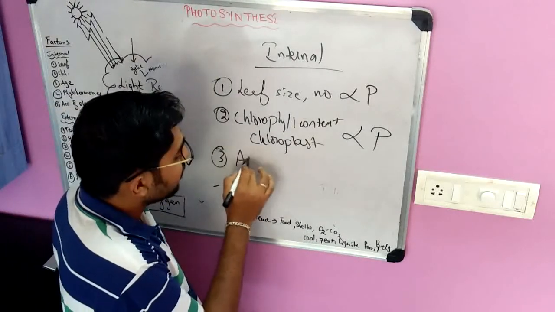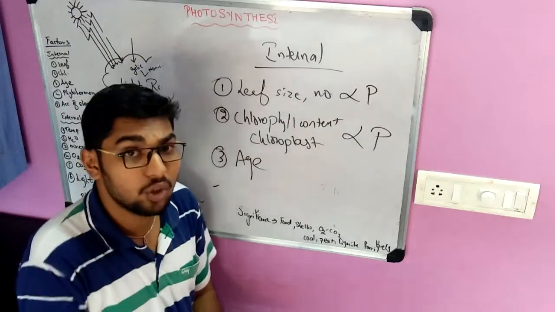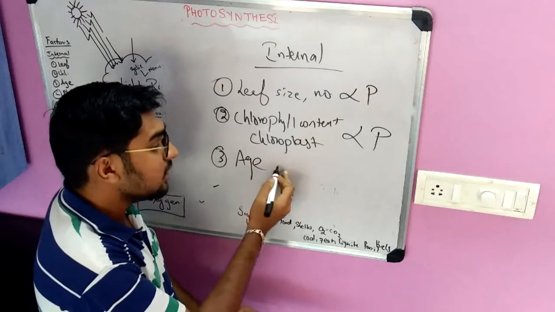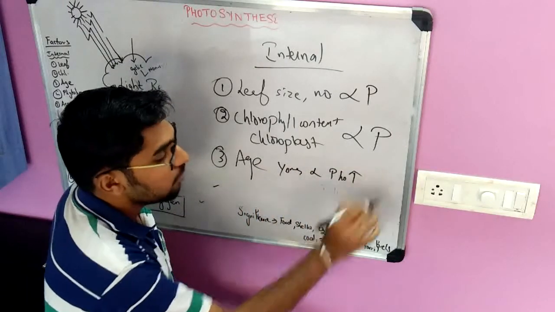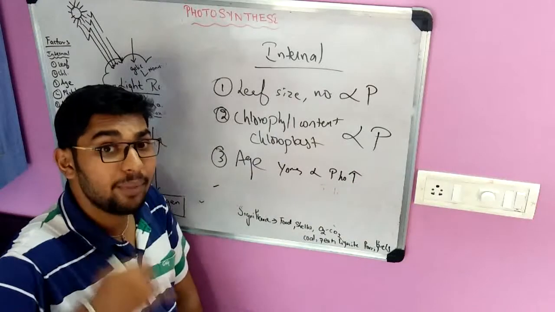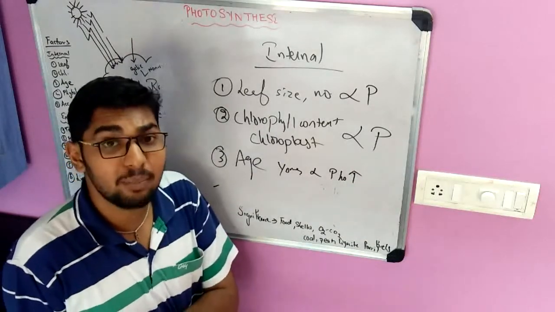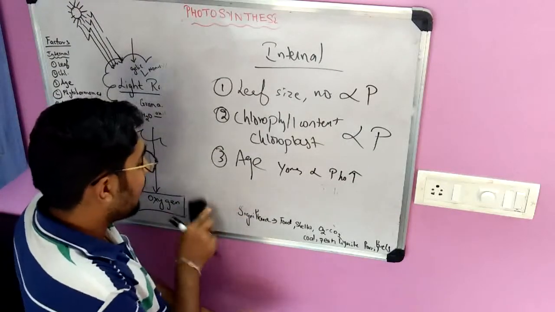Next is age of the plant. Young plants need more energy for growth and development, hence more food will be produced, so photosynthesis will be more. As the plants become mature, older and older, leading to senescence and death of the plant, the photosynthesis will be very less. That is regarding age of the plant.